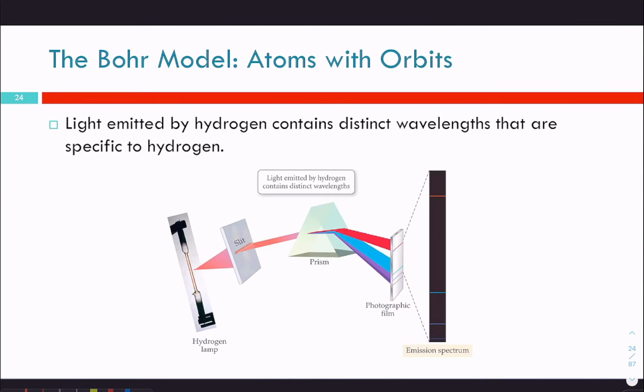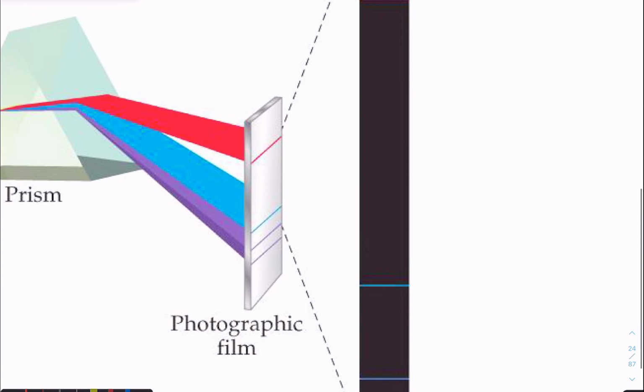So if we take the light emitted by hydrogen and we pass that through a prism without any white light from surroundings, you get very specific wavelengths. Remember, if you pass white light from something like these lamps through a prism, you'll get the entire spectrum. So this entire thing that's mostly dark here, hopefully you can even see it.